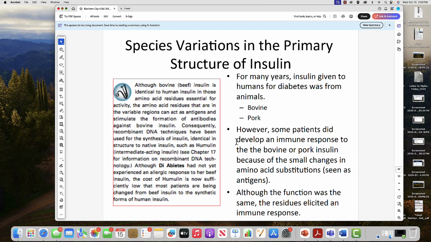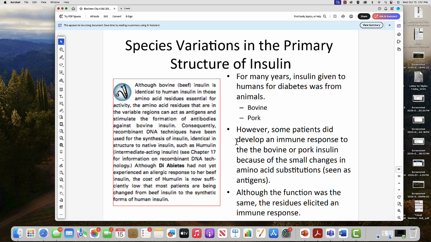So take the time to pause this again and to read this clinical portion, just helping you understand the history of insulin and how it has evolved over time. Again, initially it was bovine or beef insulin that was used to treat patients that had diabetes. But because of the influx of immune responses and allergic reactions, they were able to examine the structure of insulin, identify the residues that are variable and that are able to act as antigens and stimulate the formation of antibodies.